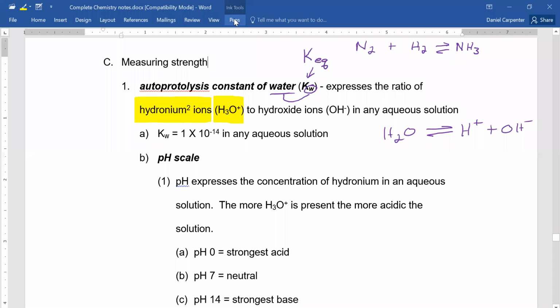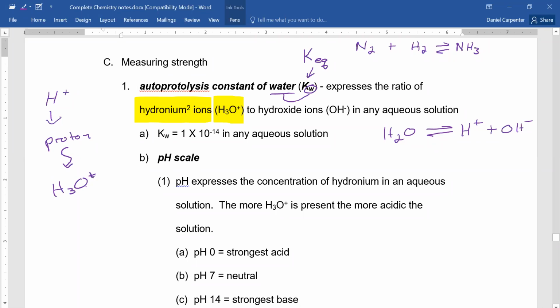But there is this footnote at the bottom of the page that says that for all intents and purposes, H plus is the same as a proton, is equivalent to a hydronium ion, H3O plus.